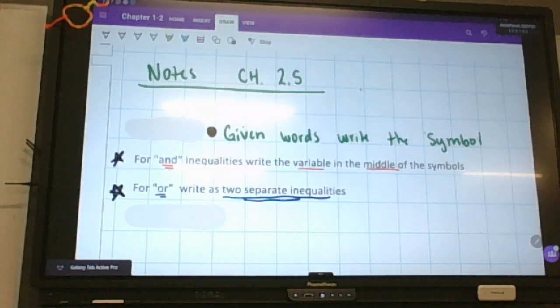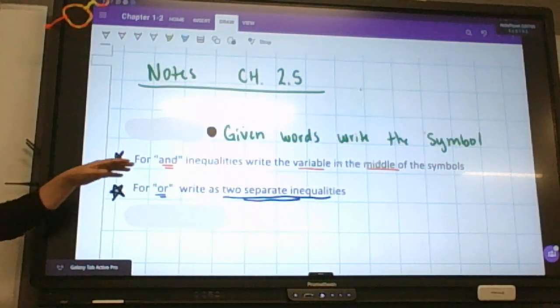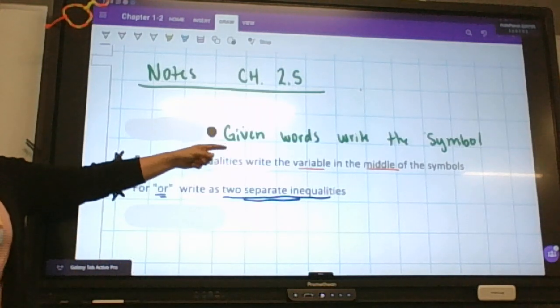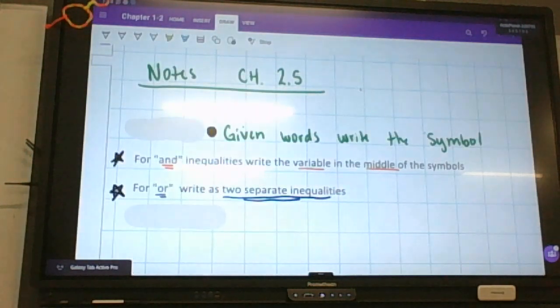As you're logging in, you can write this note underneath your board. It's a very short note, it's not a lot to write. But it kind of summarizes what I was just talking about. Given words, you're asked to write the symbols.